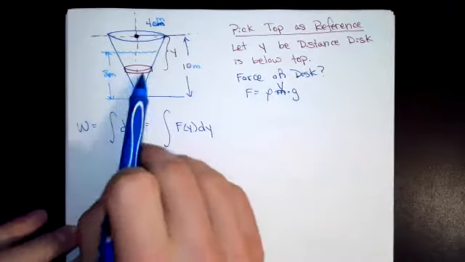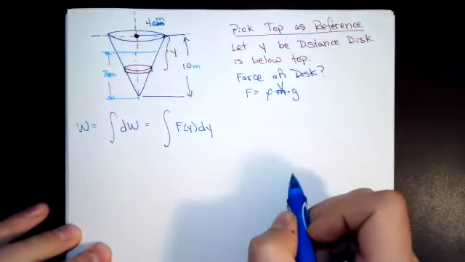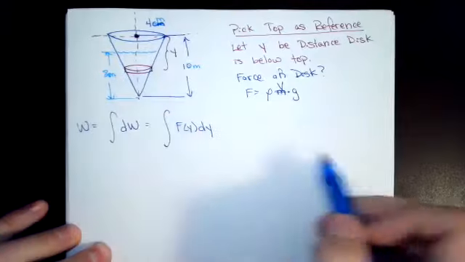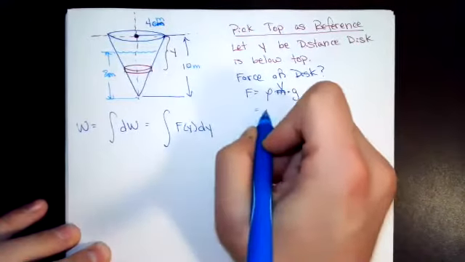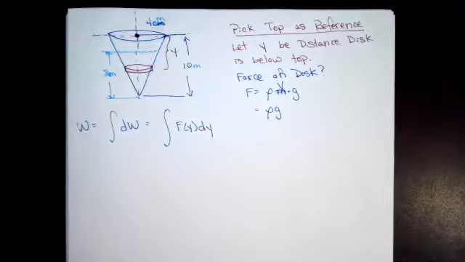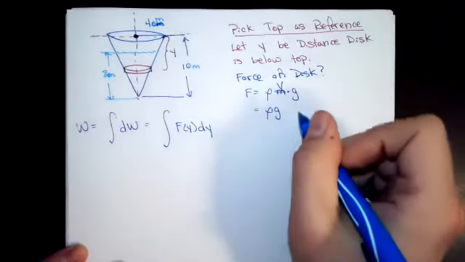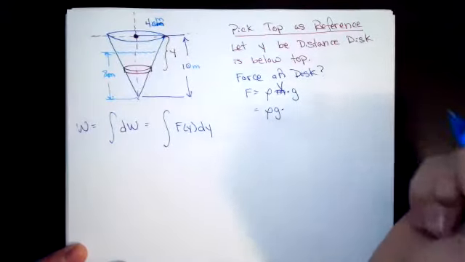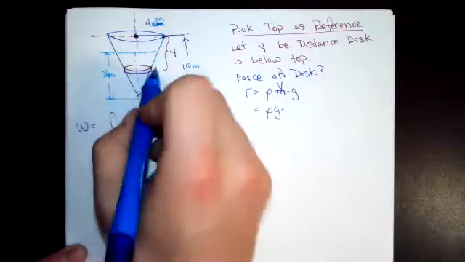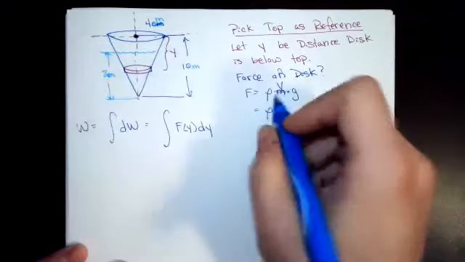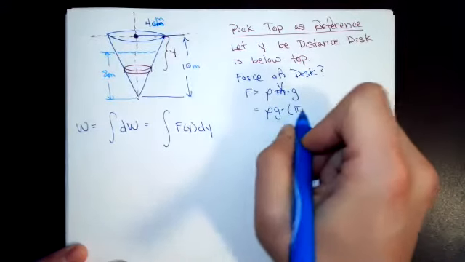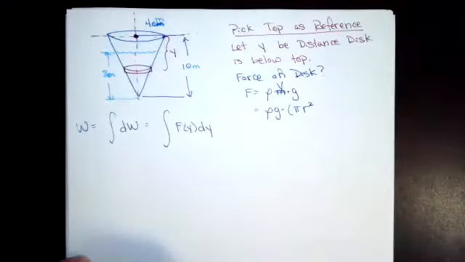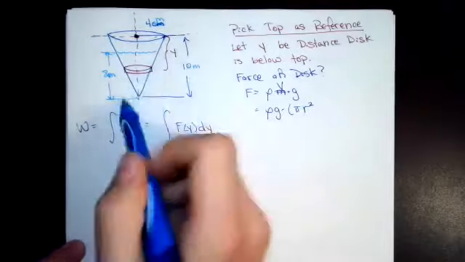So since we're cutting it up horizontally, my volume is going to be the volume of a disk. So let's keep our rho and our gravity as constants. Let's just leave them as constants. And then our volume of the disk is going to be the radius squared times pi. And if you want, we're getting a little redundant with these differentials.